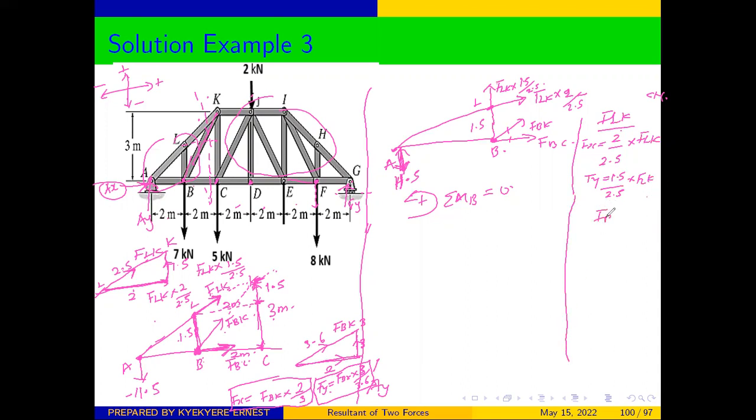For force FBK, the X component is equivalent to 2 over 3.6 times FBK, and the Y component is now 3 over 3.6 times FBK.